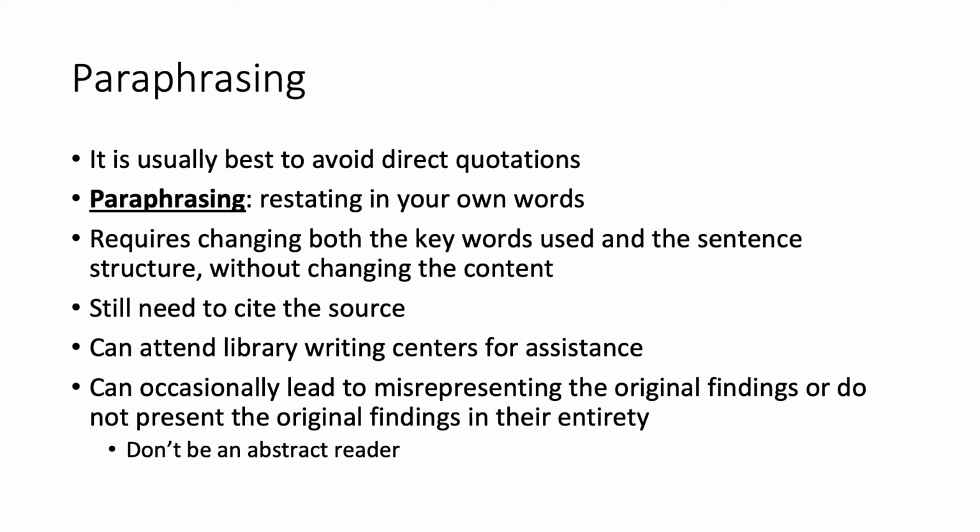By paraphrasing, we are going to require changing both the keywords used and the sentence structure, but we aren't changing the content of the author's work. Again, we will still need to cite the source at the very end, or you may cite the source at the very beginning, depending on how the sentence structure is utilized.